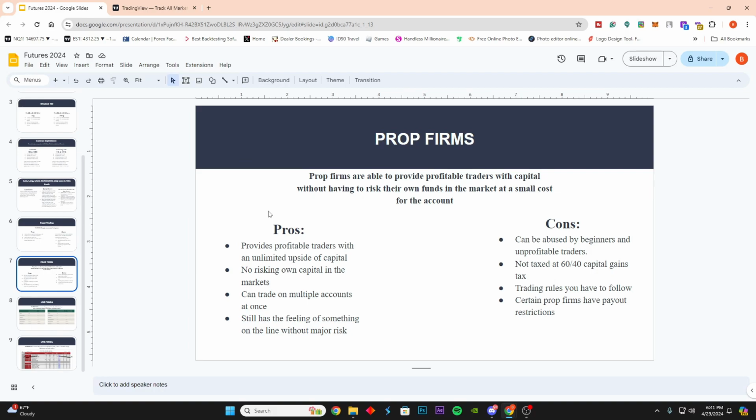Whereas some prop firms don't have any restrictions. As soon as you get funded, you can make any amount of money and take that money out. Except, again, there are certain rules like drawdown you have to follow, which you will be able to look at and understand when you take a look at a prop firm. But that's basically it for the prop firms.